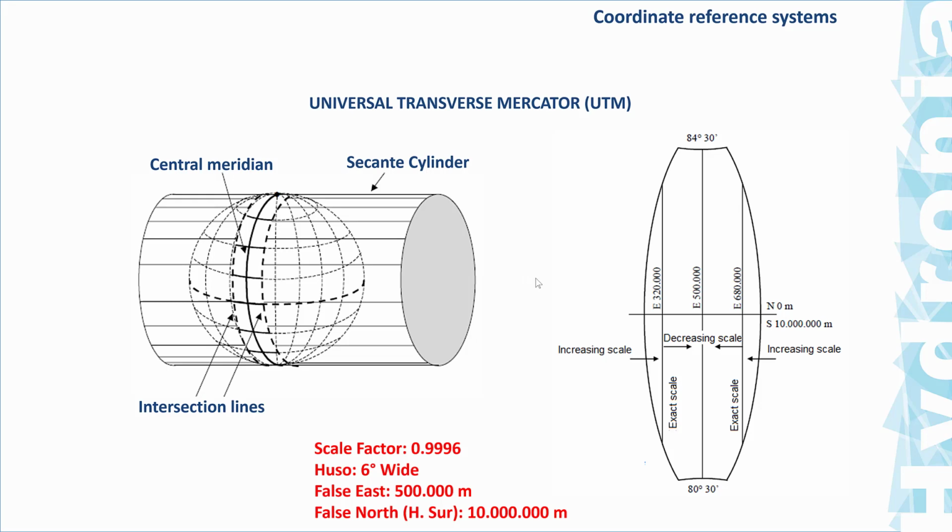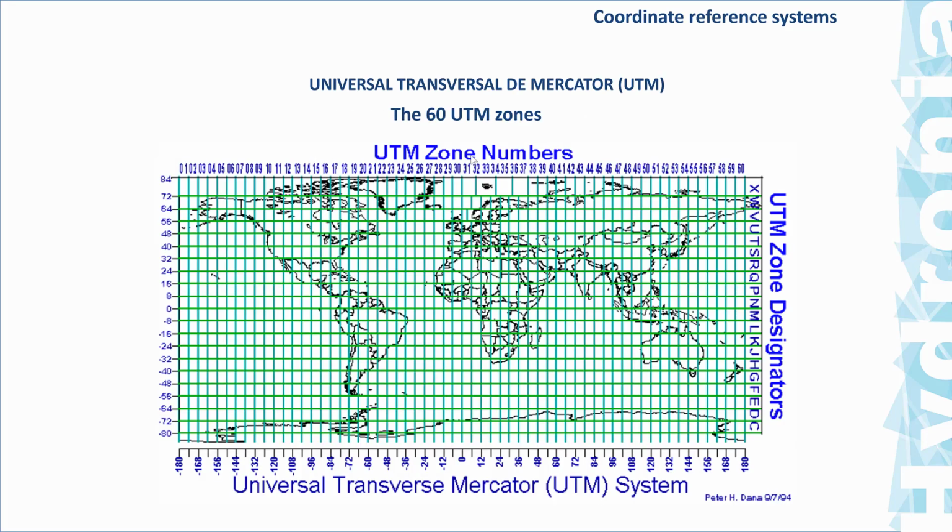One of the advantages of the UTM is that they cover the complete surface of the Earth. Of course, we will use the ones that are more appropriate for the area of our project, but the whole Earth is divided in 60 UTM zones.